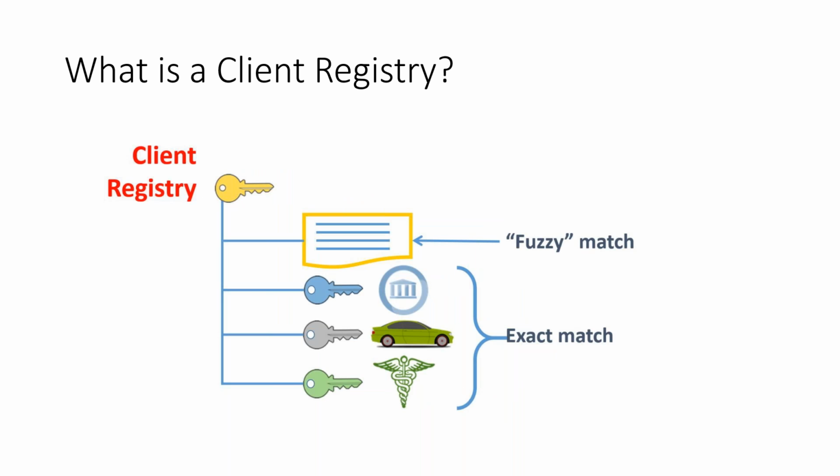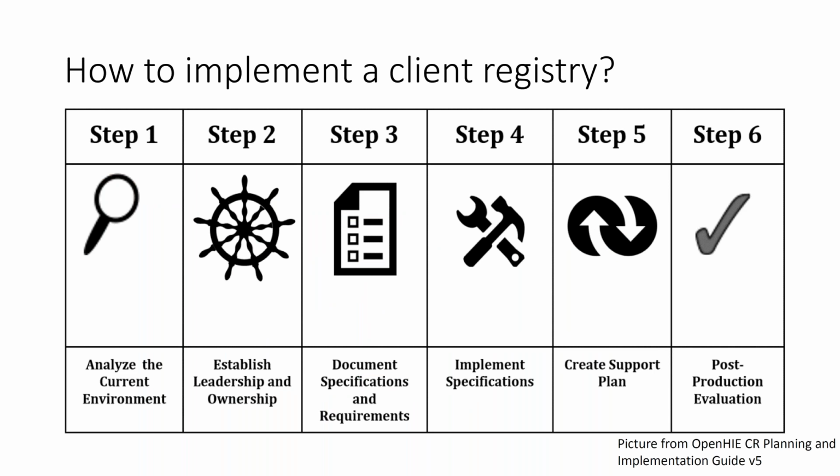And some info: with the demographics data, we can only have a fuzzy match for a specific person. But with the local IDs, of course, since these are exact matches, this will give exact matches on the patients.